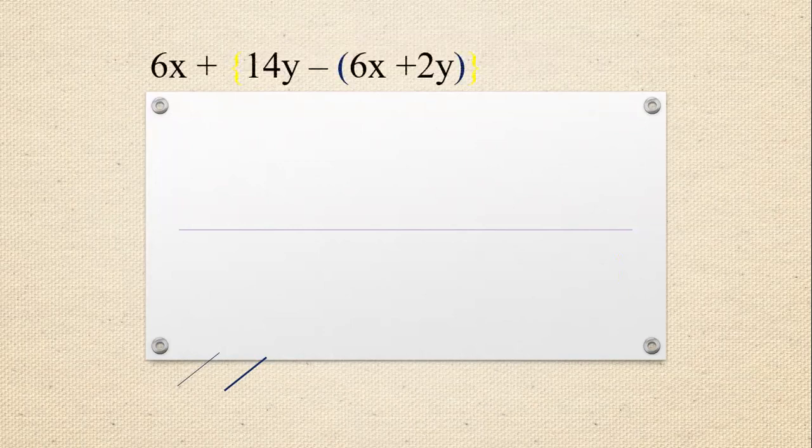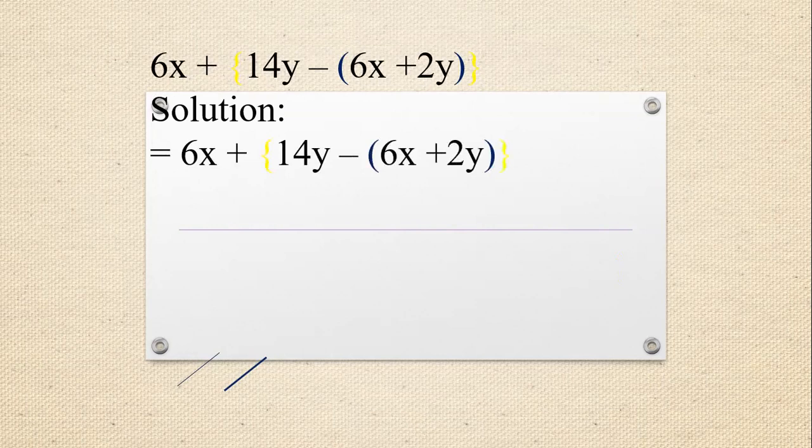Here we have 6x plus curly bracket open 14y minus curve bracket open 6x plus 2y curve bracket close, curly bracket close. You have to write solution first, copy the question again. Here in this question we have minus sign before the curve bracket.